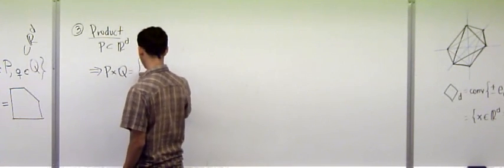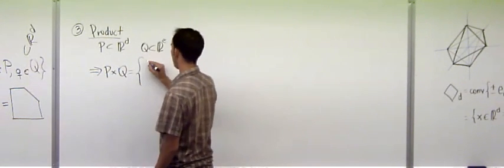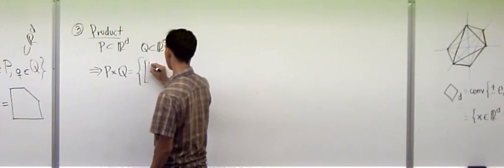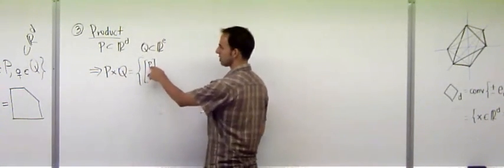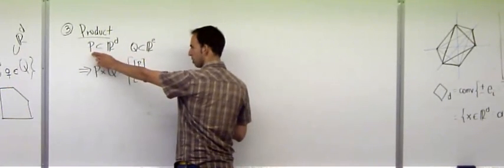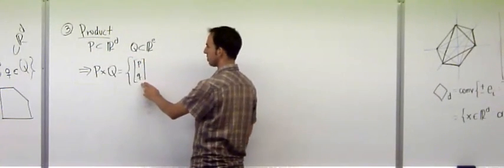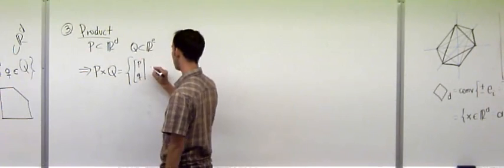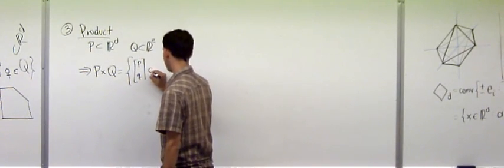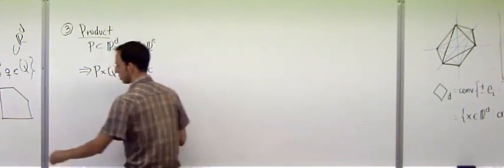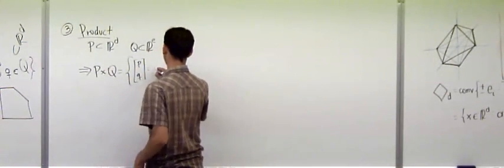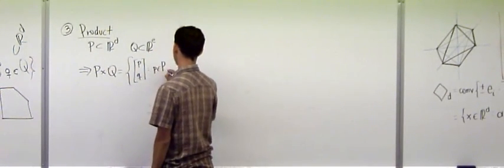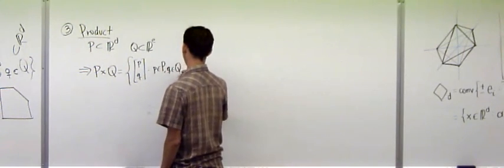This is going to consist of all things of the form (p, q), where p is a point in my polytope P, and q is a point in my polytope Q. Okay.